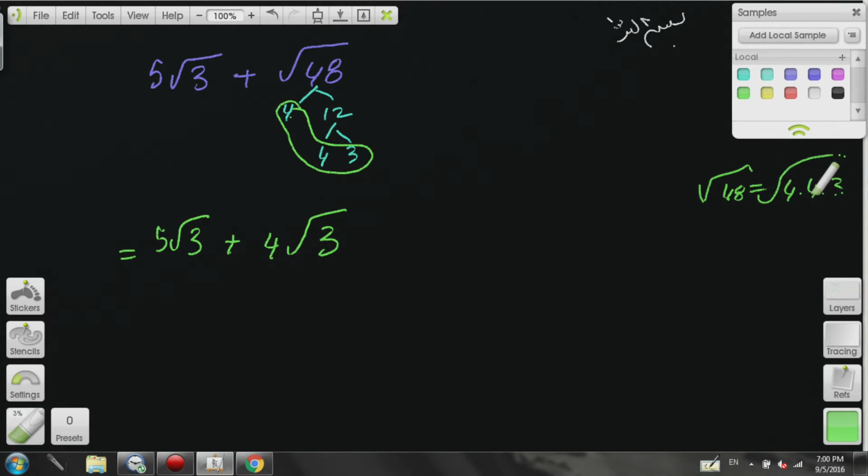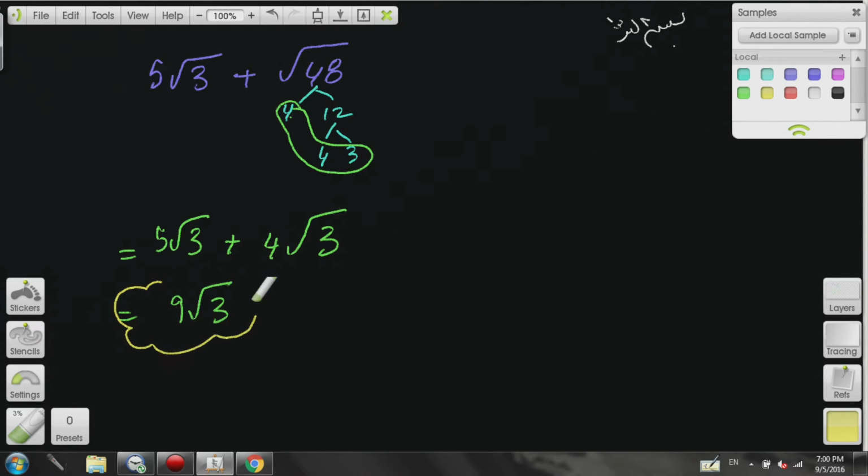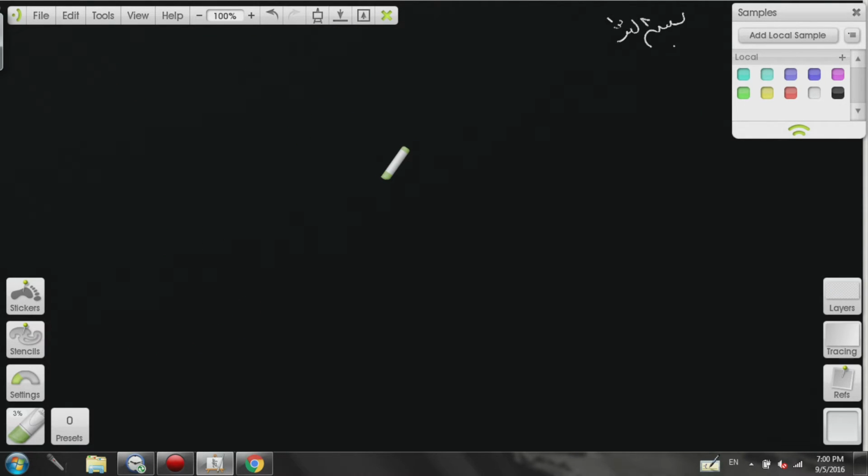But now look what you have. You have 5 square root of 3 plus 4 square root of 3. Oh, wait a minute, I can simplify this because it's like apples and apples. So 5 plus 4 is 9 square root of 3. So this whole thing simplifies to 9 square root of 3. Okay, all right, how are we doing?